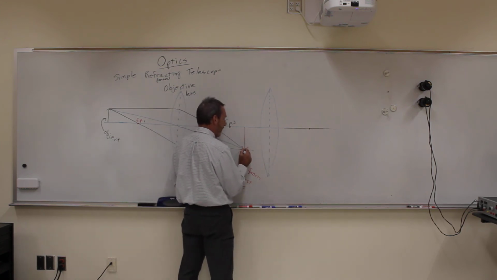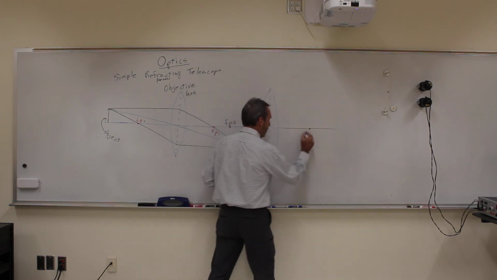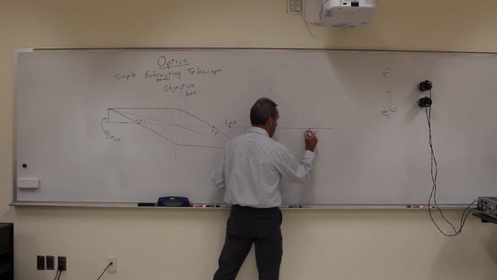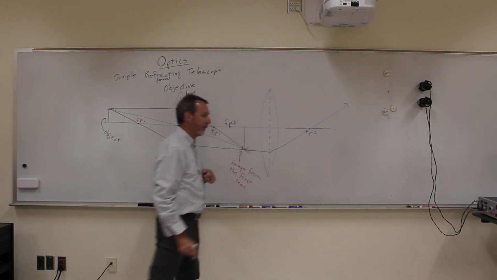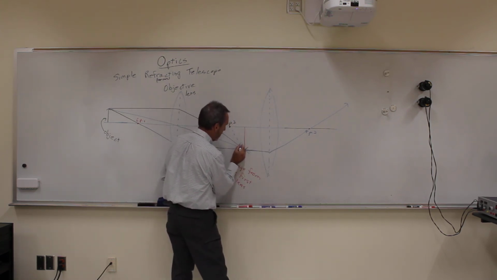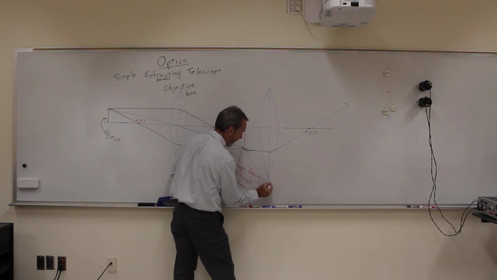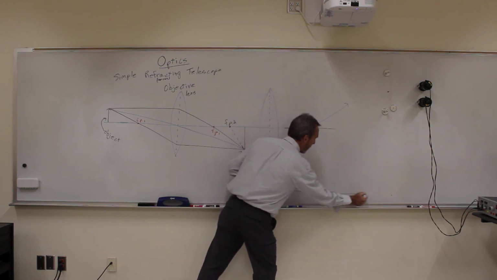So from this arrow, now this is my object for the second lens, I go parallel. I go through focal point 2. I got one coming from focal point 2. I got to extend my lens out here because it went a long way. And then it comes out parallel.